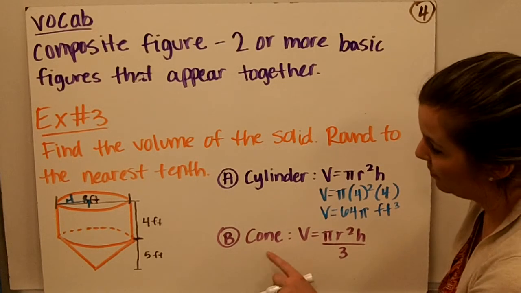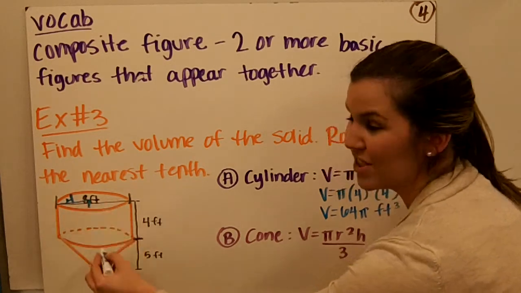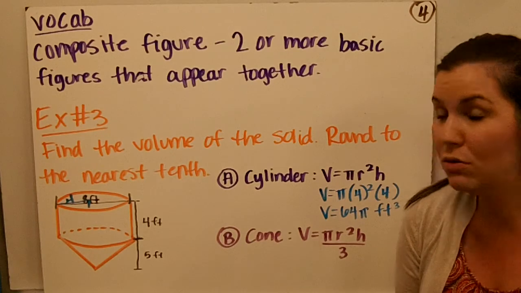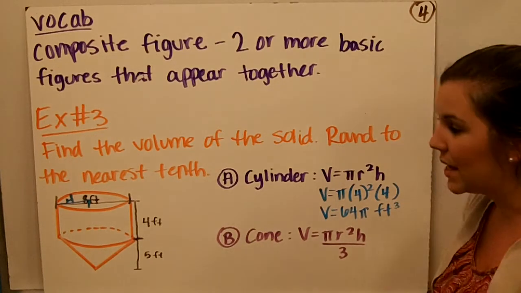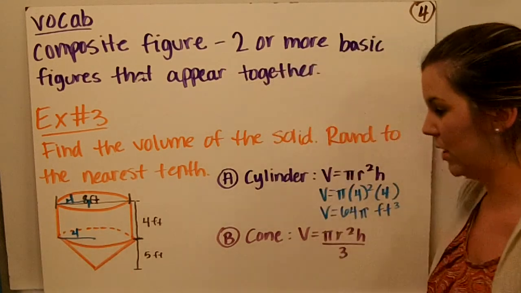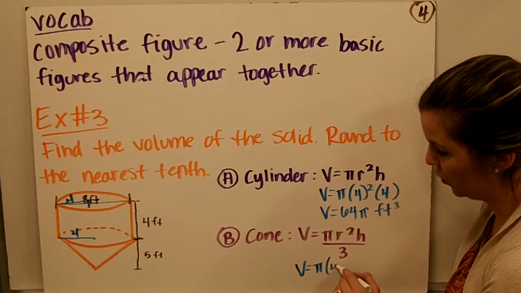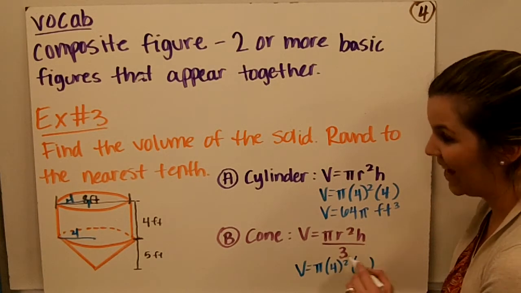The volume of the cone. So here we have the cone, and since the cone and the cylinder are stacked on top of each other, that means the cone has the same diameter and radius as the cylinder. So this cone has a radius of 4 feet also. Plug it in. Pi times 4 squared times the height of the cone.